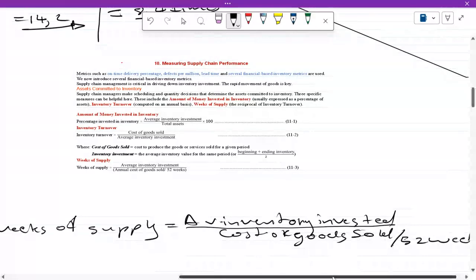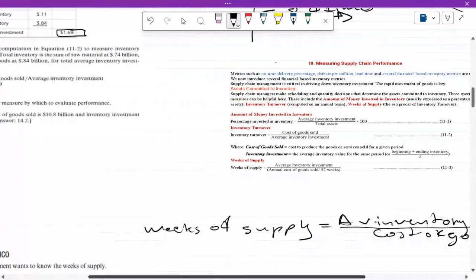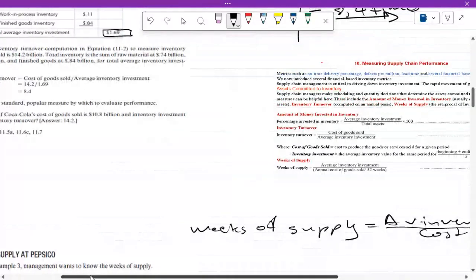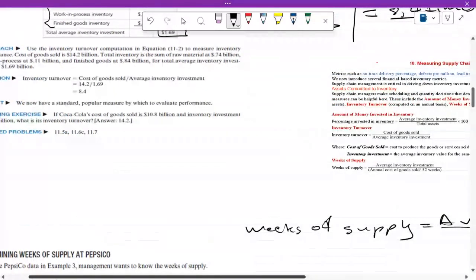But you gotta be smart with this. To be safe, start by dividing the cost of goods sold. Where is it here? Are we on PepsiCo? Is this still the PepsiCo answer?